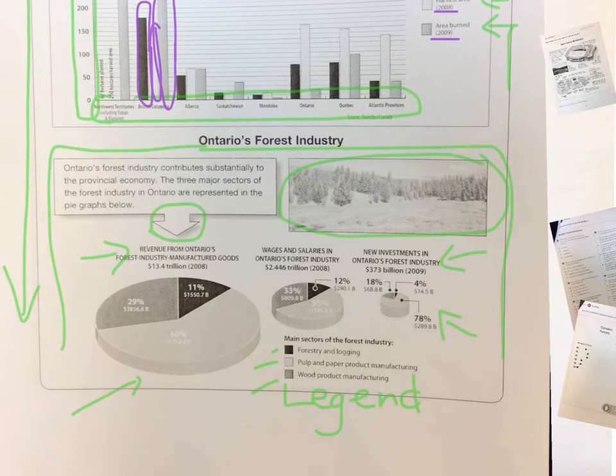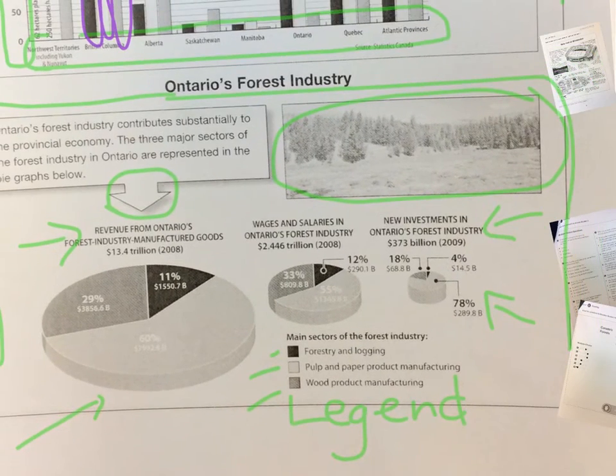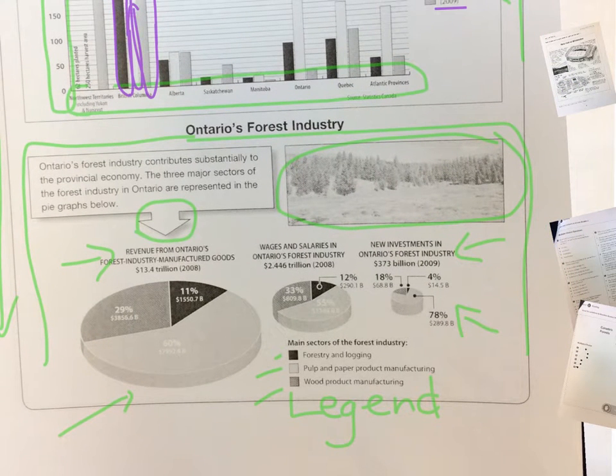Looking at the bottom, our legend again describes different colors. So the darkest, the lightest, and the middle shade. And yet, in this case, we're looking at numbers in terms of the years and the amount of money. So we're looking at trillions and billions of dollars from revenue in Ontario's forest industry manufactured goods. Revenue means the money the province earns. Over here, wages and salaries.